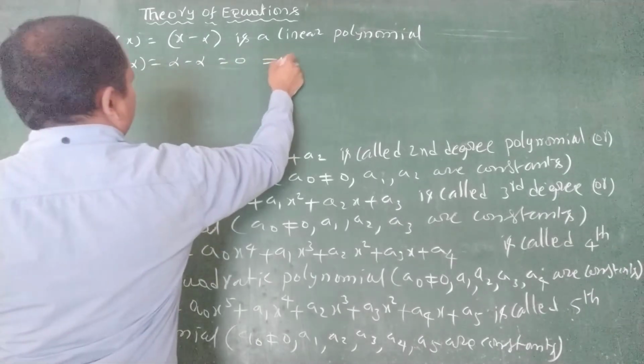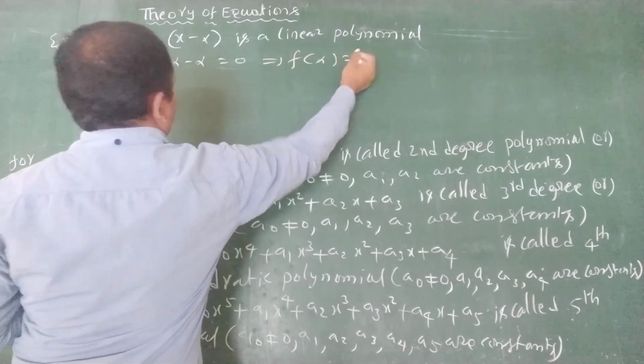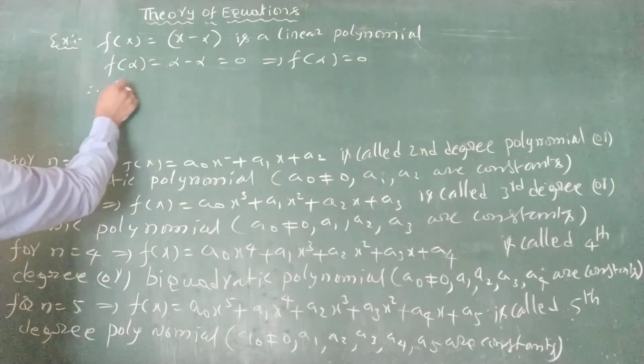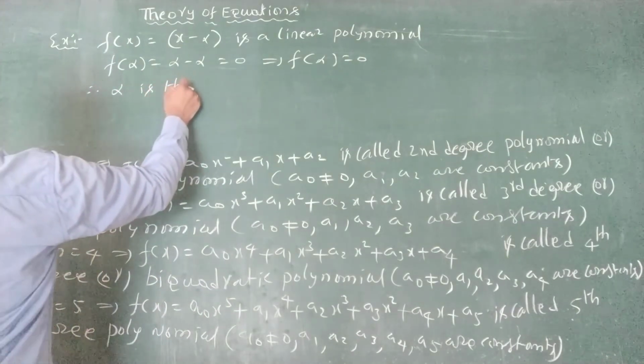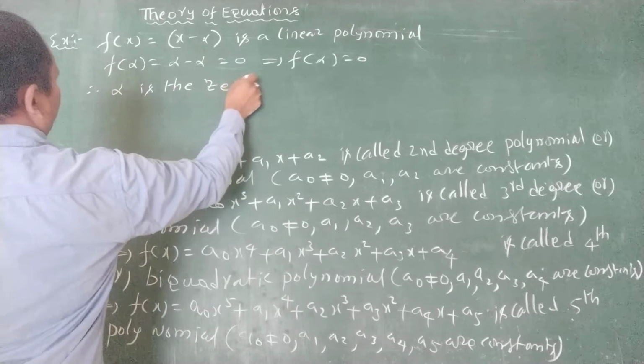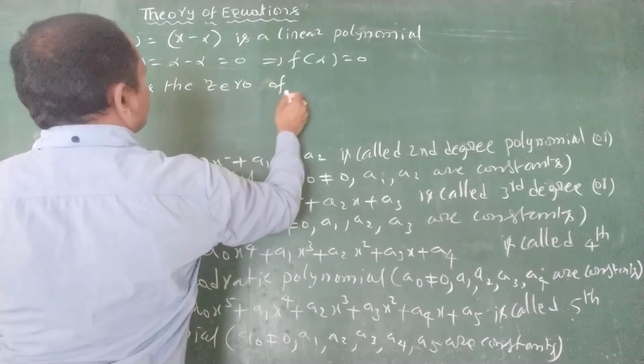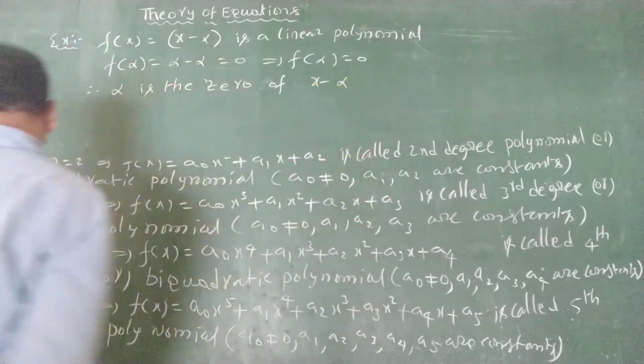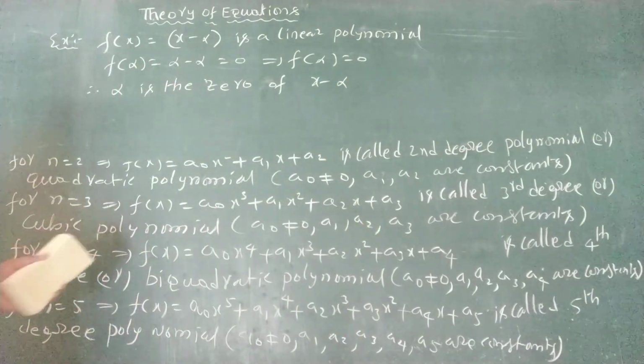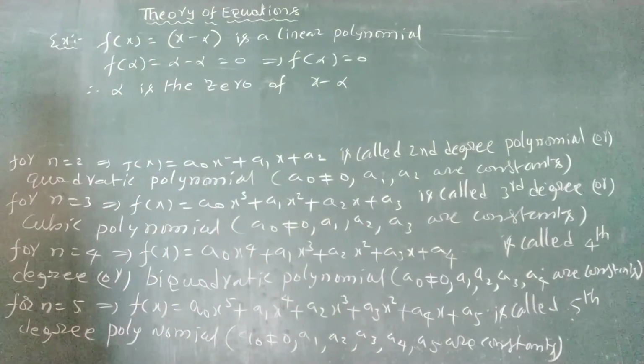That's why f of alpha is equal to 0. Therefore, alpha is the zero of f of x, or x minus alpha.